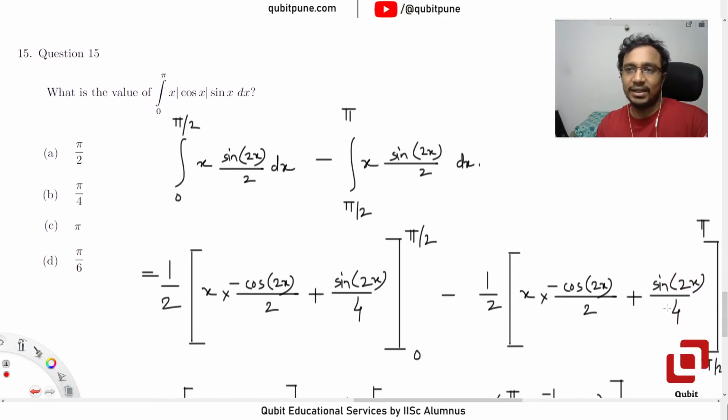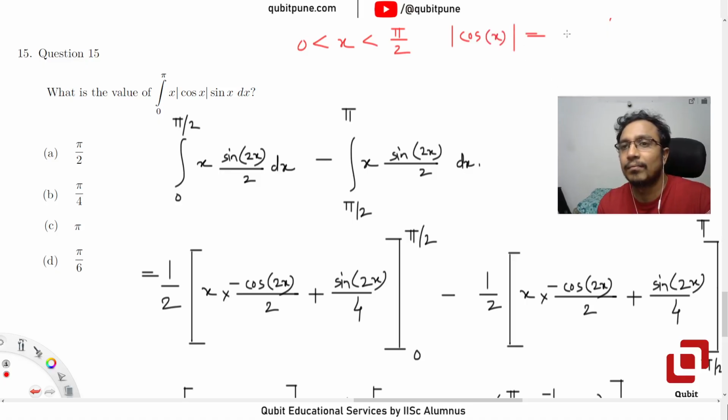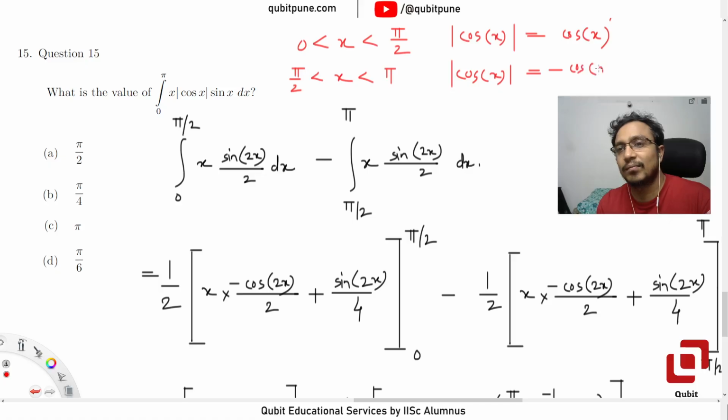Question 15 में एक ही चीज़ करनी थी. When x is in between 0 and pi by 2, mod of cos x is equal to cos x. And when x is in between pi by 2 and pi, this becomes negative cos x.